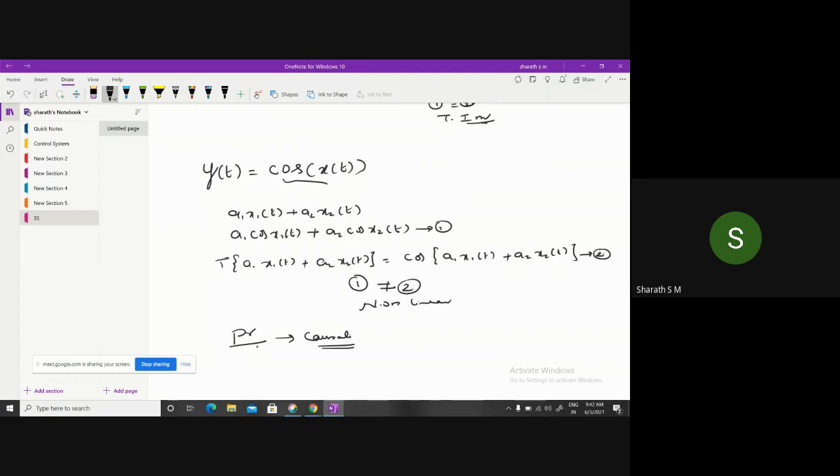And the system depends only on the present value, so it does not have any memory. It's a causal system and memoryless.